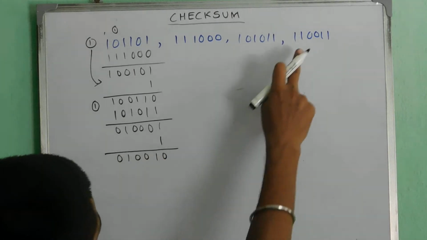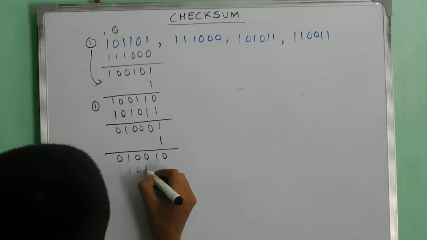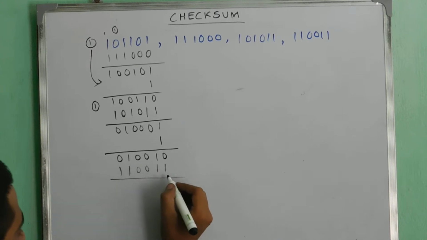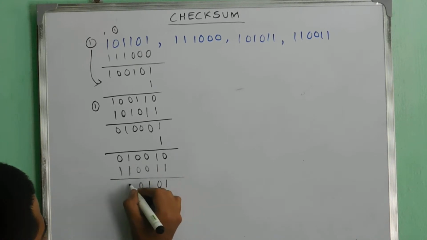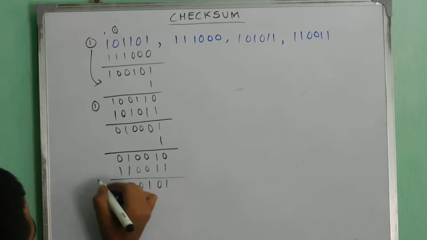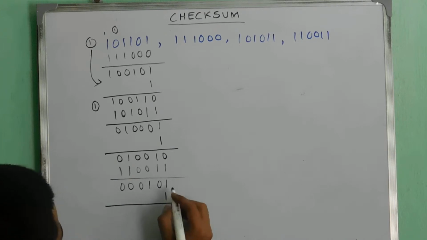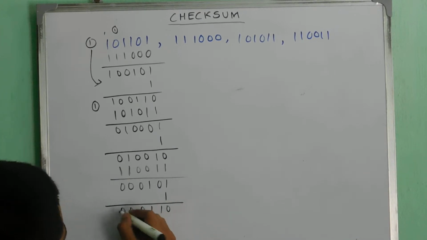Okay, and with this finally we will add this one, so 1 1 0 0 1 1. Okay, so this will be 1 0 1 0 0 0 and there will be a 1 carry that we will add here, so 0 1 1 0 0 0.